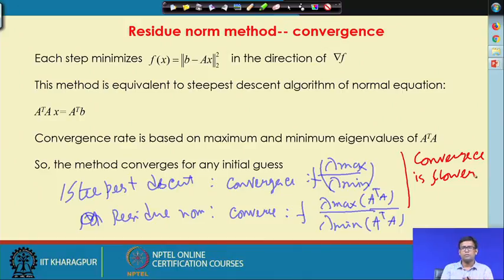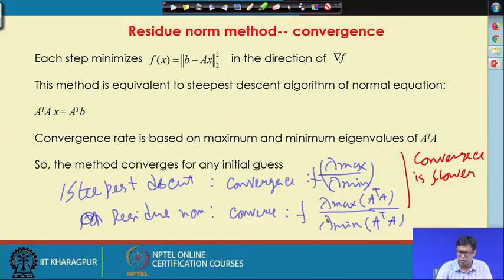However, this is a robust method, as it can take any non-singular matrix and give a solution. Till now, the algorithms we have considered were restricted to certain classes of matrices, but this is applicable to any general class of matrix.